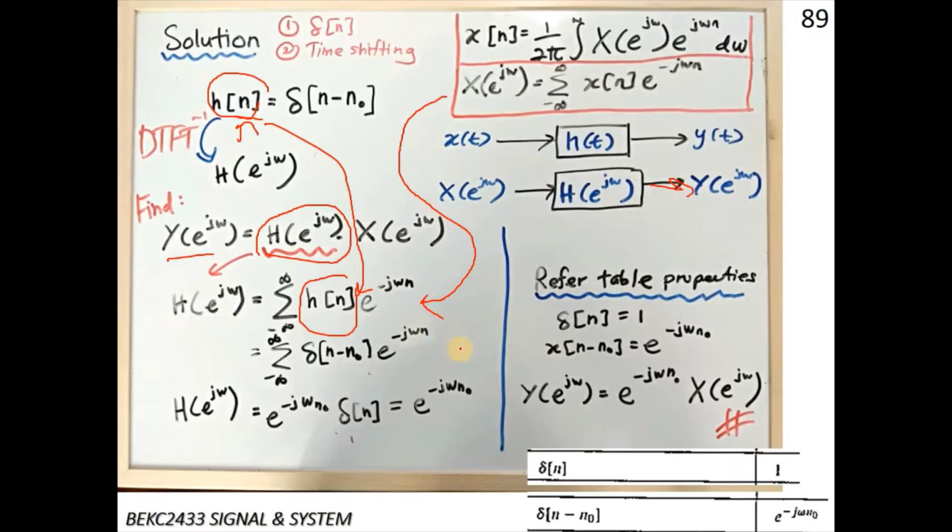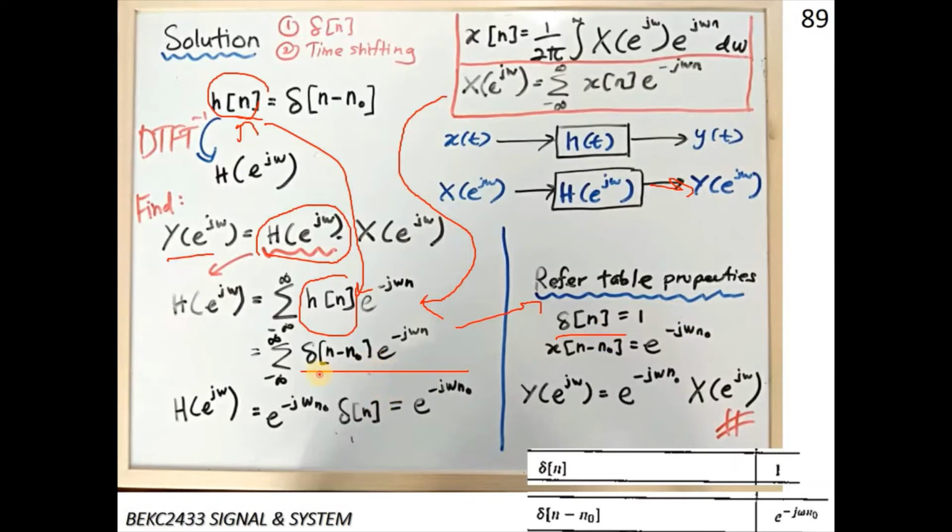Okay, and to solve this, you need to refer to the Fourier transform table properties. First of all, look at delta[n]. If you refer to that, the answer is 1, and for x[n - n0] it is e^(-jωn0).